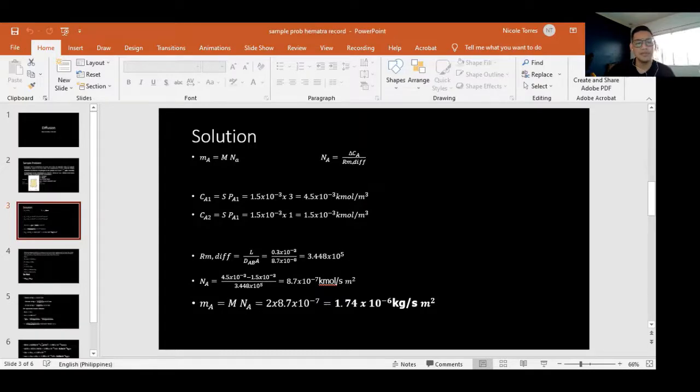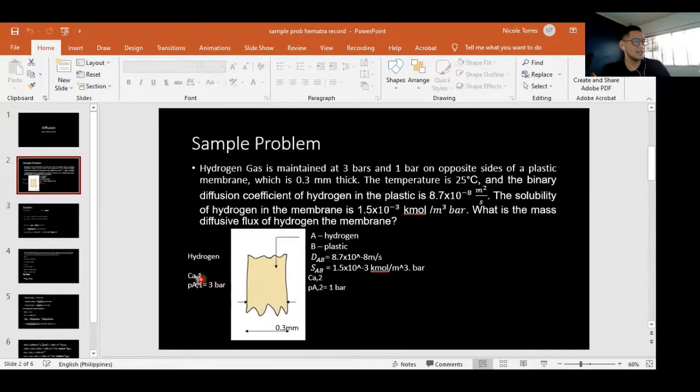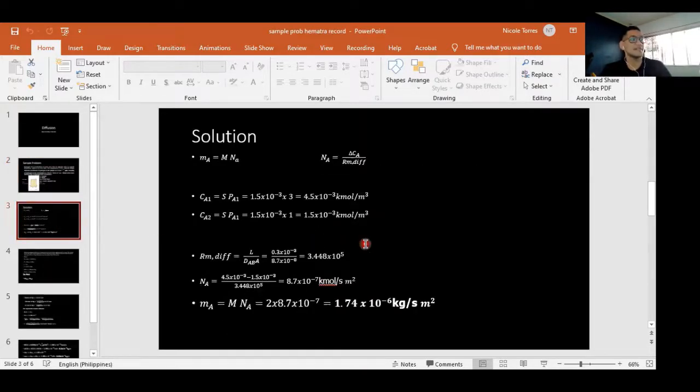So we need to multiply the partial pressure by the solubility in the membrane, which is 1.5 times 10 raised to negative 3 times 3. That 3 is the partial pressure. Then the answer will be 4.5 times 10 raised to negative 3 kilomole per cubic meter. It is the same for CA2, which is how we got 1.5 times 10 raised to negative 3 kilomole per cubic meter.